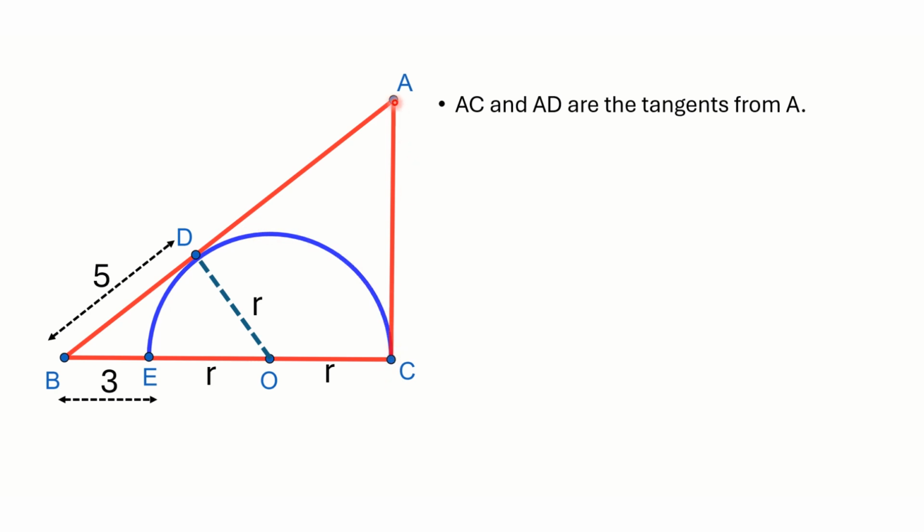So I can say from an external point A, two tangents are drawn on this semicircle. One is AC, another is AD. Now the theorem says from an external point, if two tangents are drawn to a circle, then their lengths are equal. That is AC is equal to AD. Let's call this length X.